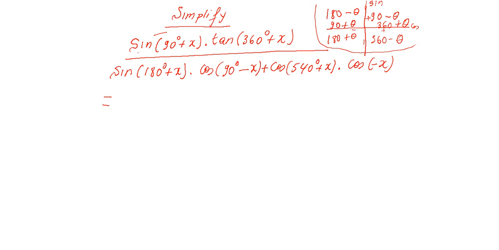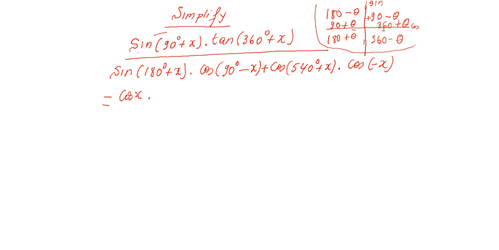If you haven't looked at my previous video, you have to subscribe so that you can have access to all my videos. So sin(90 plus theta) is a cofunction, which is going to give you cos theta. But the sign of sin in this quadrant is positive, therefore we're going to have cos x.